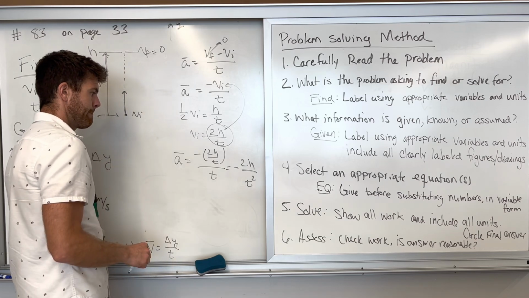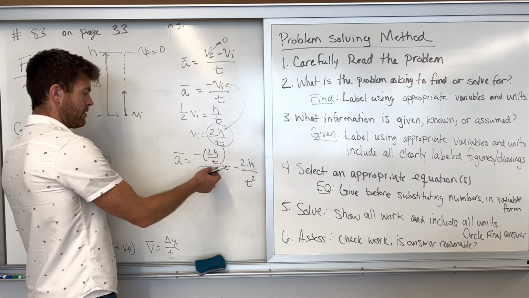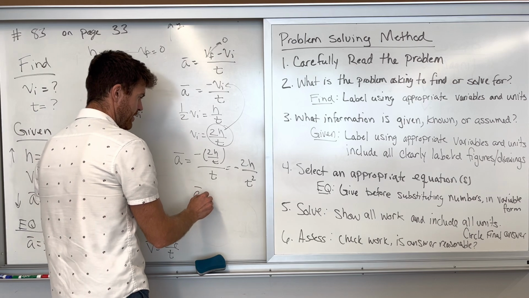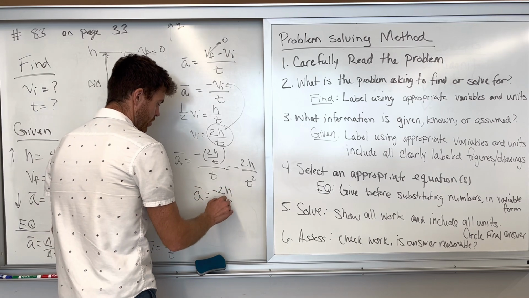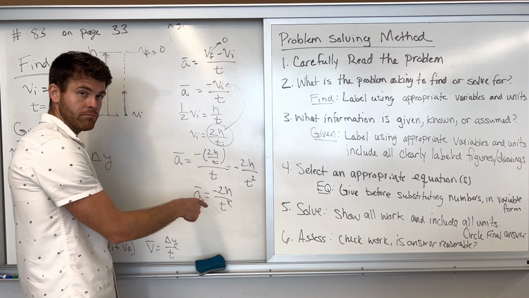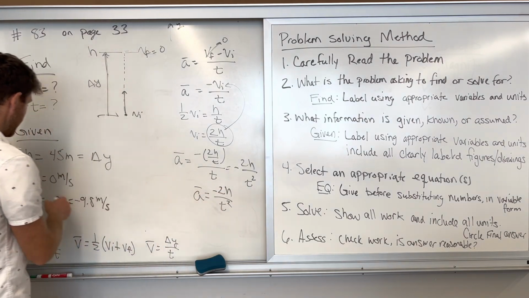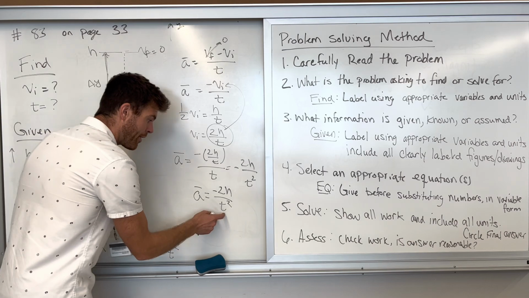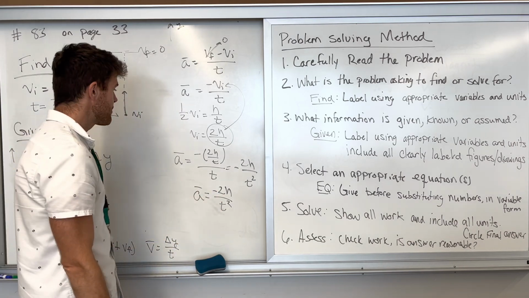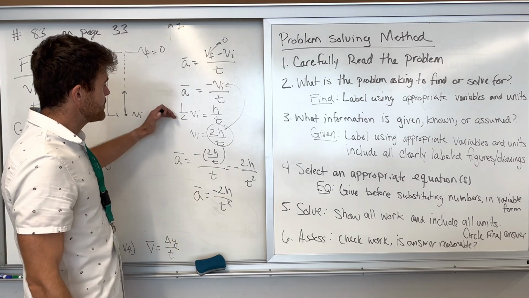Alright. Now I have acceleration equals negative 2h over t squared. I know acceleration. I know the displacement h. I only have one unknown, time. So two equations, two unknowns.